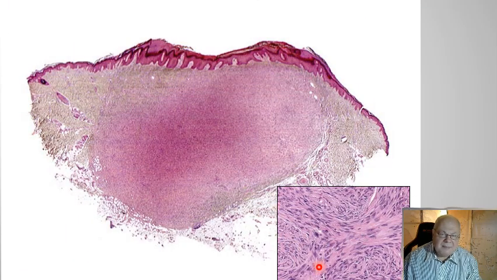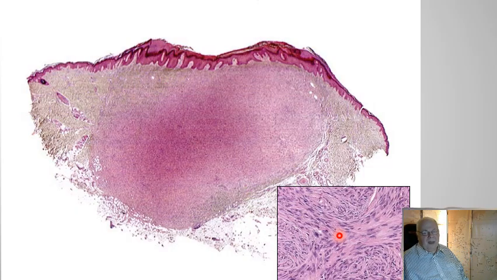And this is the proliferation, again looking very much like a herringbone pattern of atypical fibroblastic cells in a nodule which is ill delimited. This is why it needs to be removed with healthy tissue in the surrounding.